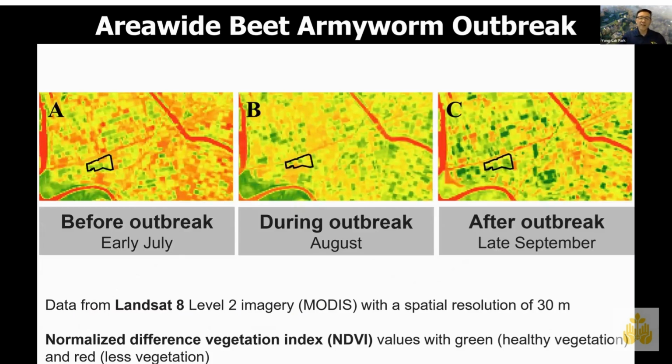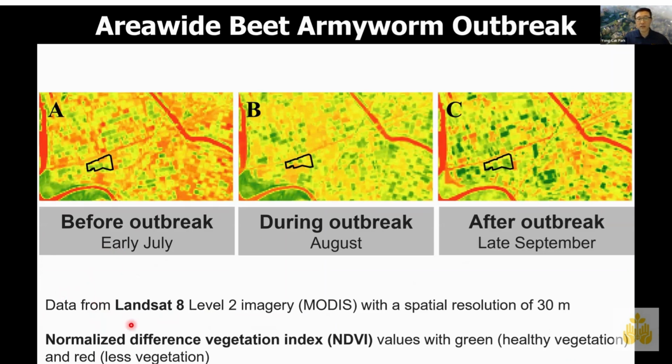Based on this study, this small black area is the area we studied, but we extended the observation area with satellite images, because satellite images can provide some sensor data.